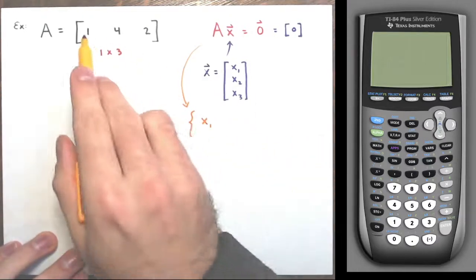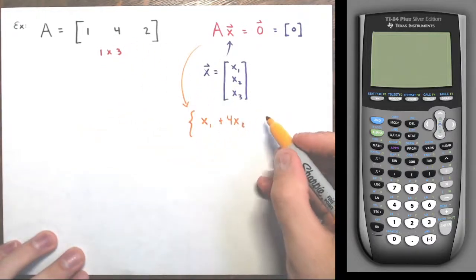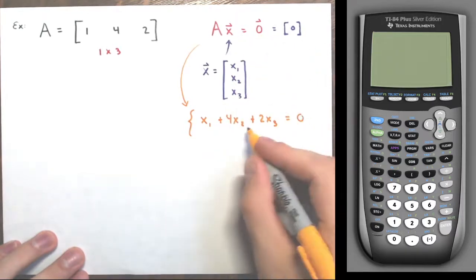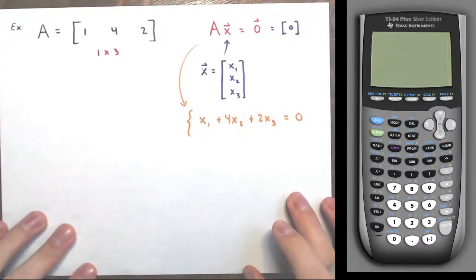So 1x1 plus 4x2 plus 2x3. And in order for this statement to be true, that would have to be equal to 0. And this is it. This is your system of equations, right? There's only one linear equation.